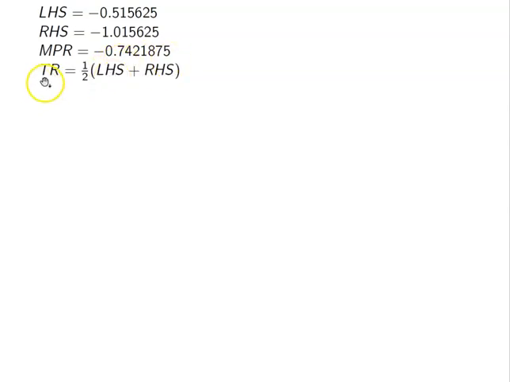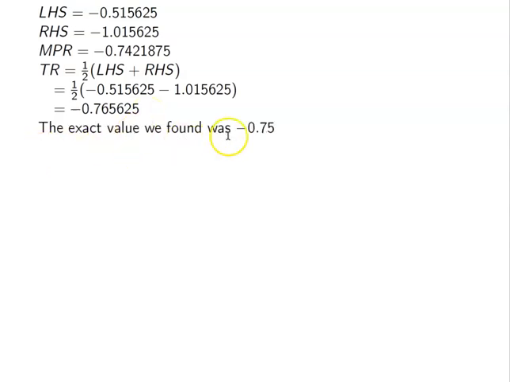And if I go ahead and throw in the trapezoid rule, the left hand side plus right hand side divided by 2, I get negative 0.65625. The exact value that we found through calculating on our own was negative 0.75. So if this was the real value, the left-hand sum was about 0.25 off.